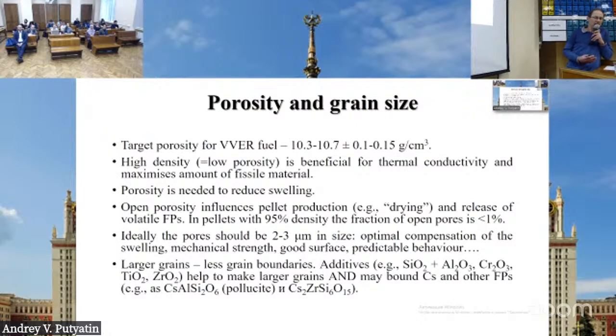The aim of addition of these compounds is first of all to assist crystallization of larger ceramic grains. In addition, some of them, for example, silica and alumina, may bind volatile elements, fission products like cesium, by forming stable compounds.